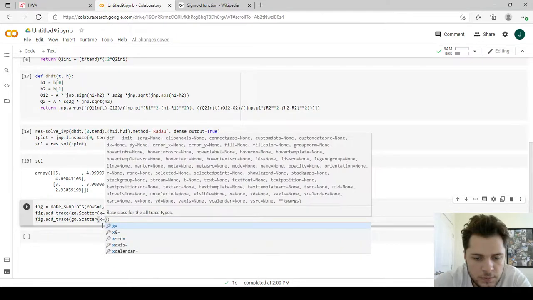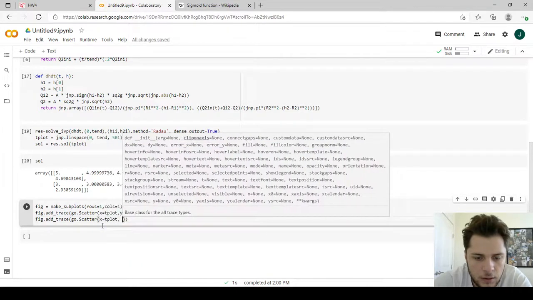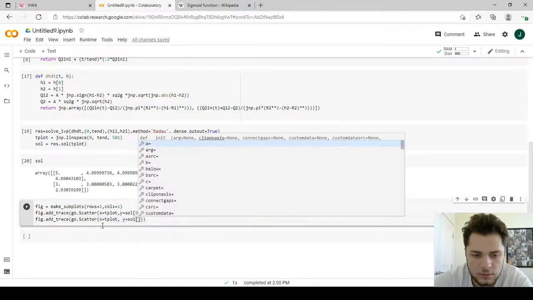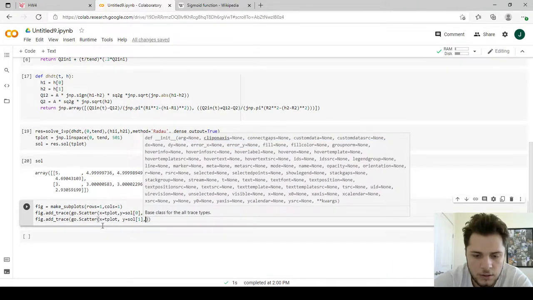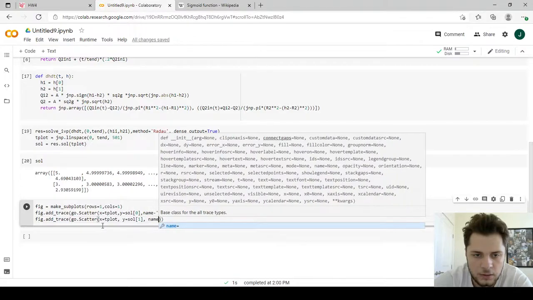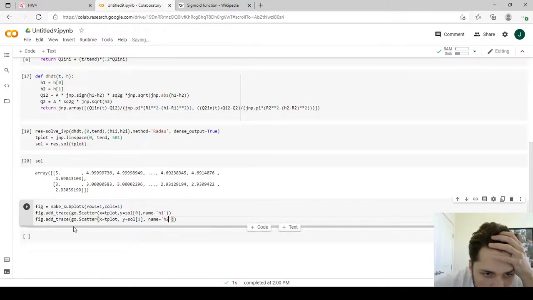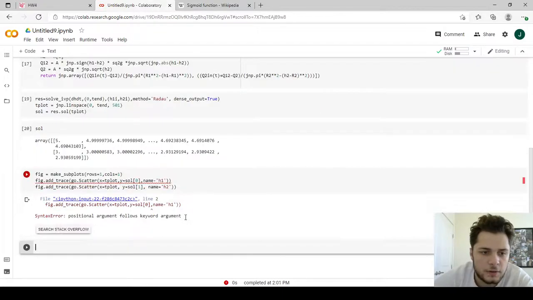X equals tplot, and my y is going to equal the second index of sol, so 1, and that is going to be height 2. Shift enter.